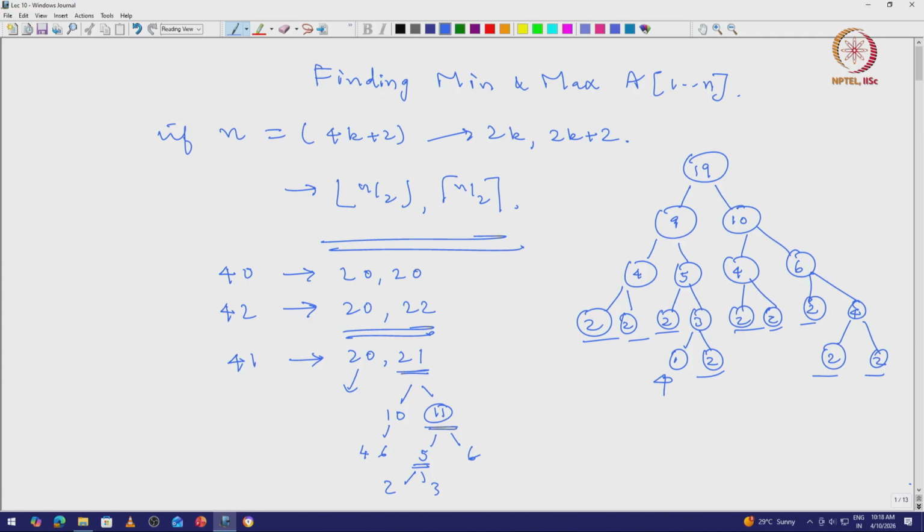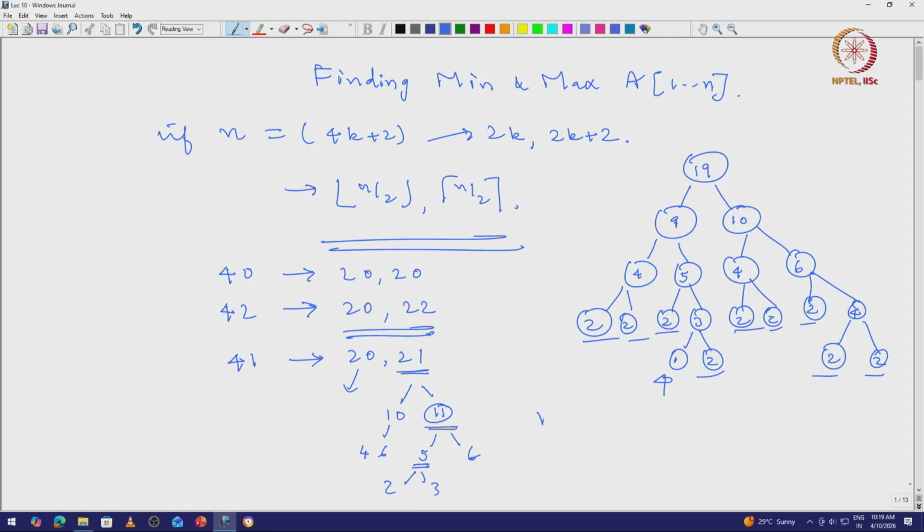When you look at the leaf level of the tree for odd numbers, there will be one leaf with weight 1, and the rest of them are all weight 2, because an even number will give rise to only smaller even numbers.